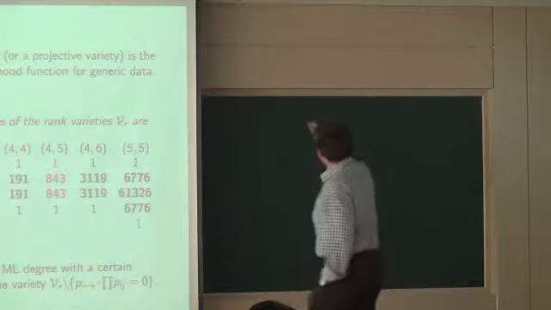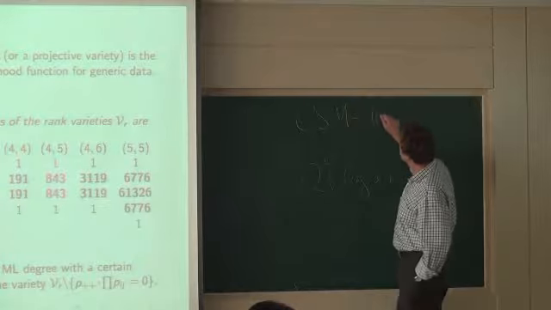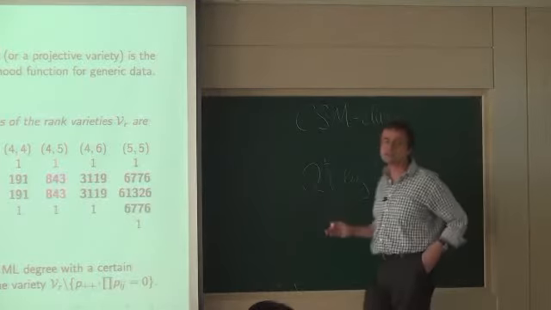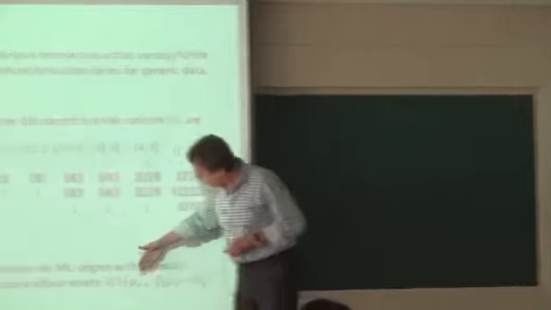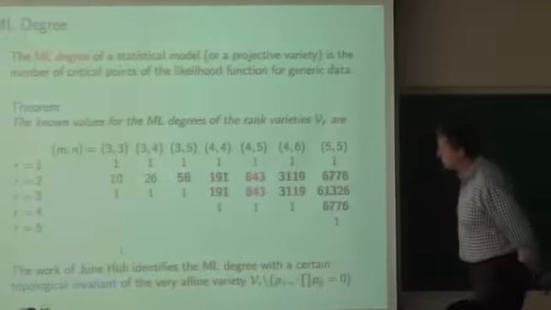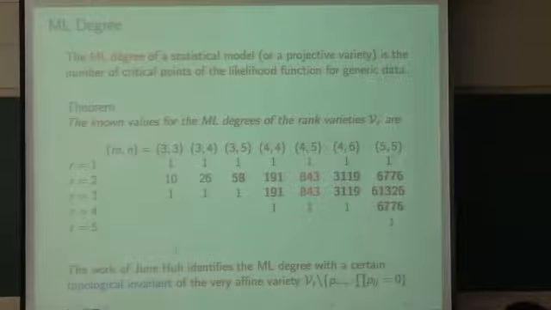It has to do with the so-called CSM class, the Chern-Schwartz-MacPherson class of the characteristic function on this constructible set, but morally it's essentially the Euler characteristic. Okay, so these are the known values for the ML degrees. Now if you look at this table, what's the first thing you notice?